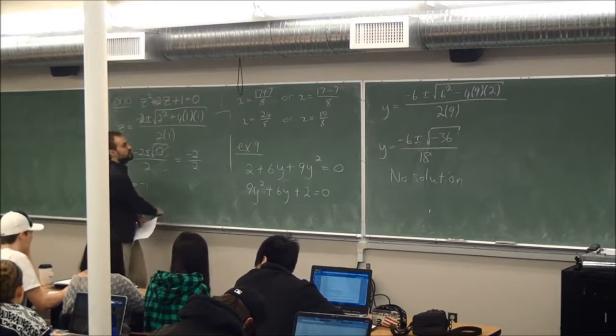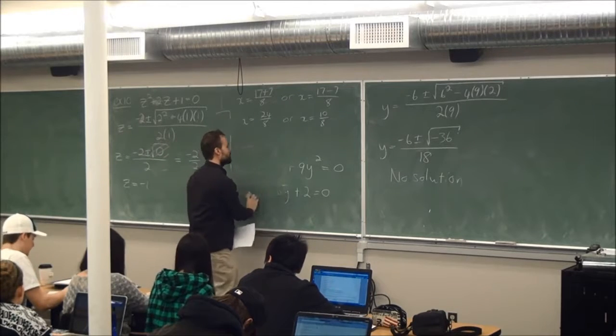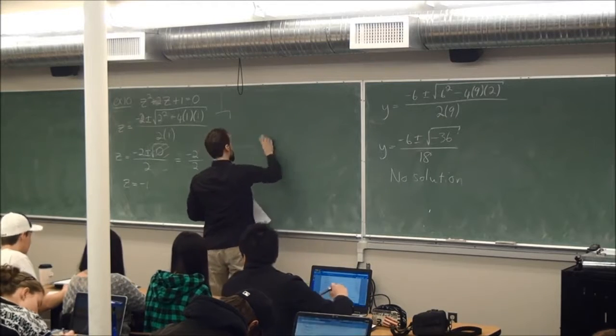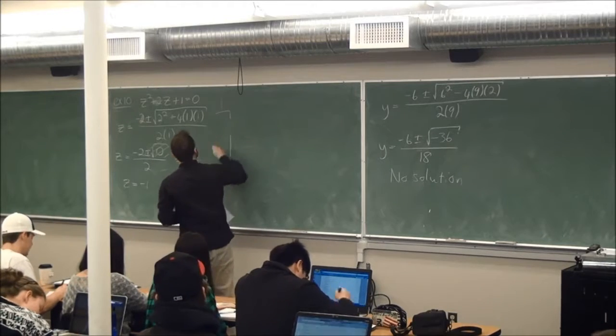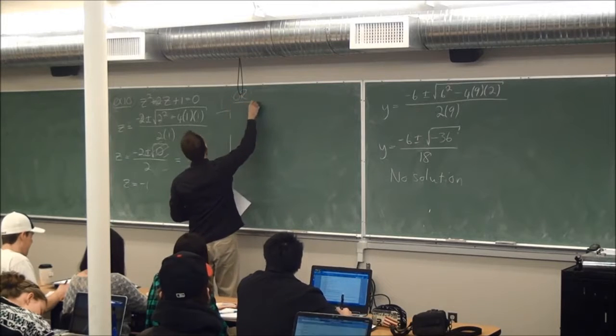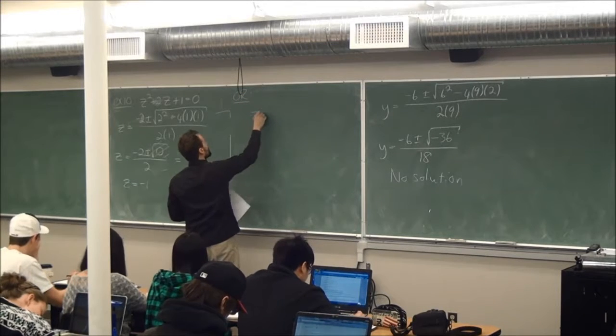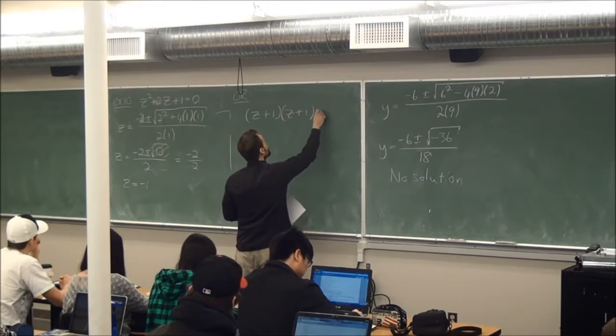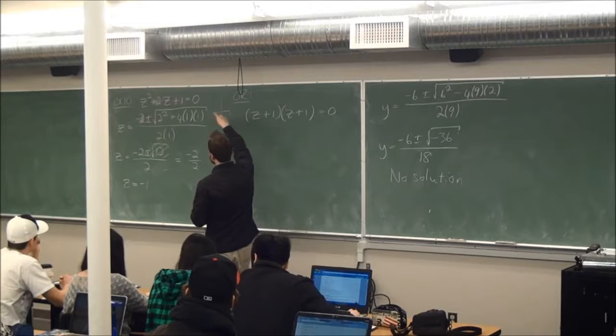Now I could have factored this guy as well, and I could have done it without the formula. I could have also said, oh well, this is z plus 1 times z plus 1. 1 plus 1 equals 2.